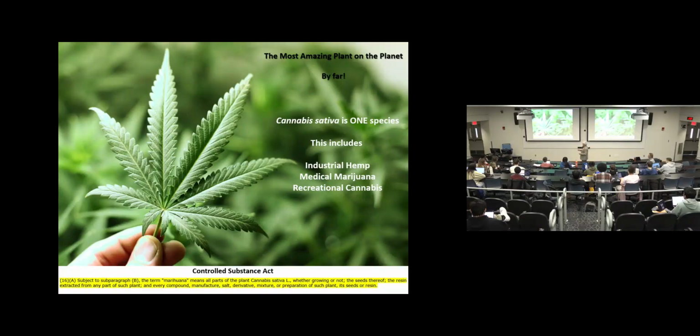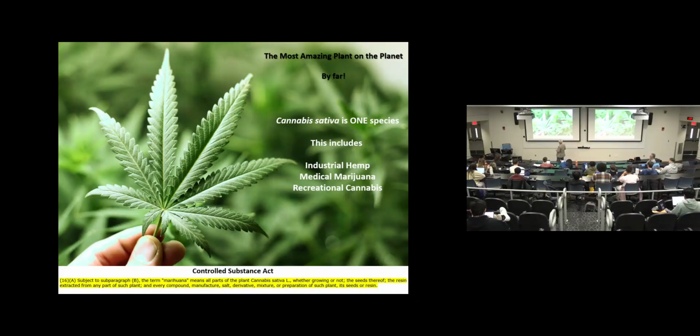And it says, the term marijuana, which is spelt incorrectly, means all parts of the cannabis sativa plant, whether growing or not, the seed thereof, the resin extracted from any such plant, and every compound, manufacture, salt, derivative, mixture or preparation of such plant, its seeds or resin. So here, every compound. So what that effectively did is it completely made using cannabis to make new medicines illegal.